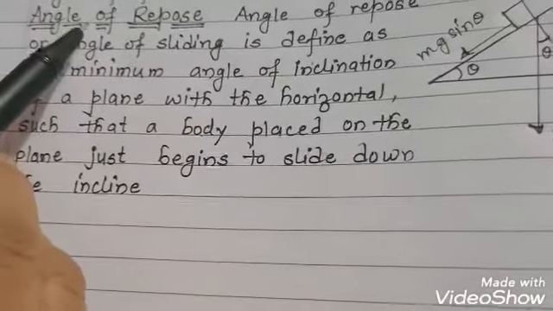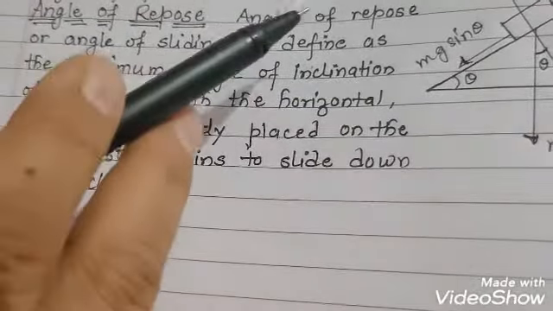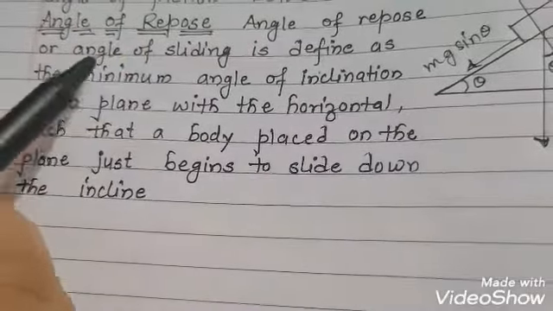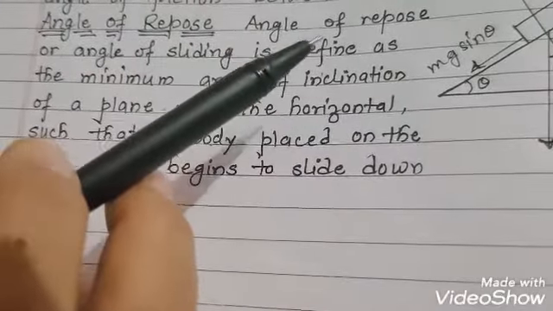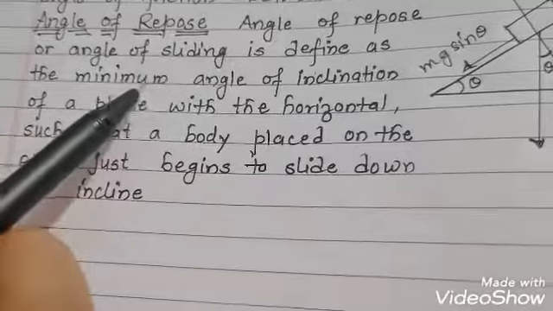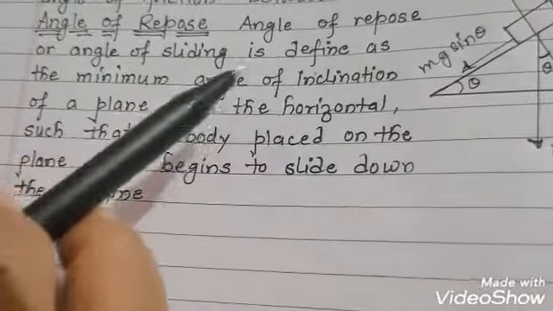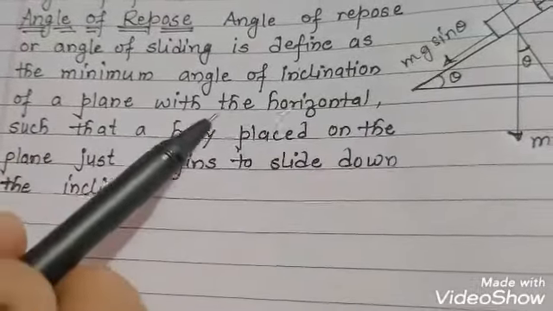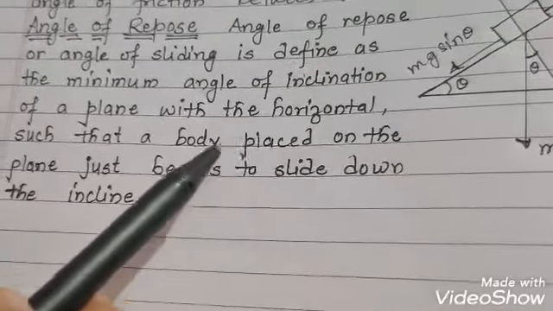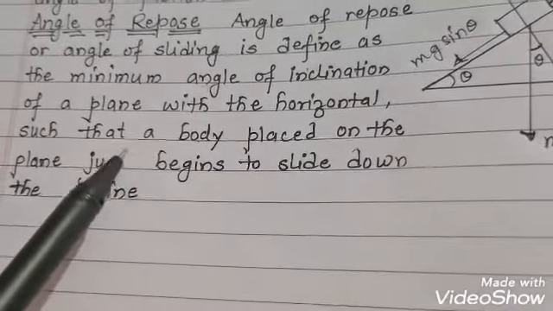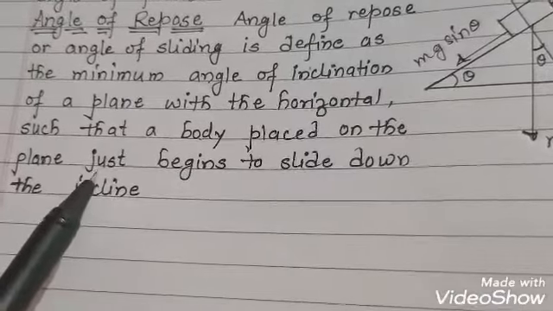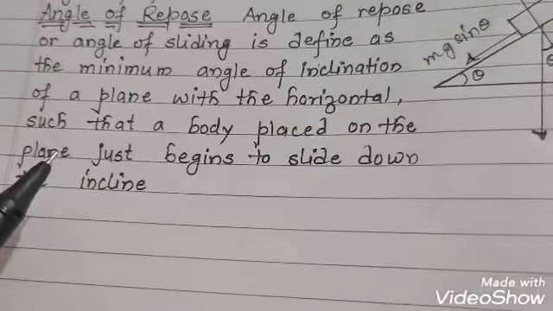Angle of repose. Angle of repose or angle of sliding is defined as the minimum angle of inclination of a plane with the horizontal such that a body placed on the plane just begins to slide down the incline.